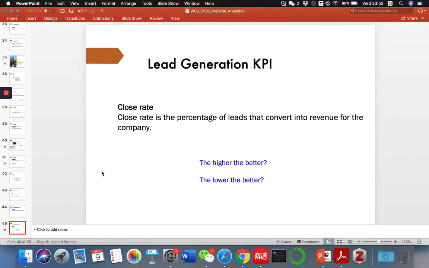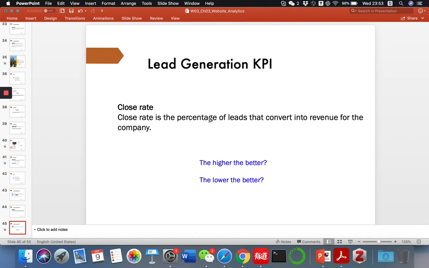Now, not everyone who fills in the form or makes the phone call will make a deal with you, right? So here we have close rate. Close rate here means revenue. So we not only get the contact information, we also get revenue from this user. So the higher, the better, of course.